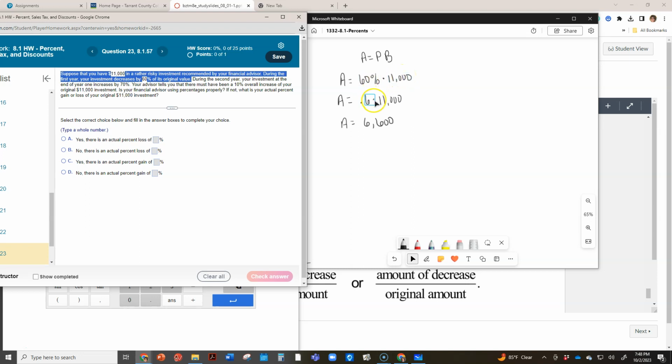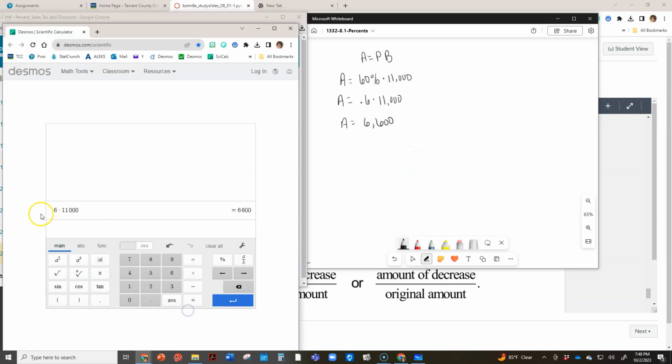Of means multiply, change the 60% into 0.6, multiply that. I used my calculator. If it makes you feel better to see that zero, sometimes it does me. 0.6 times $11,000 is $6,600. That's how much money my $11,000 decreased.